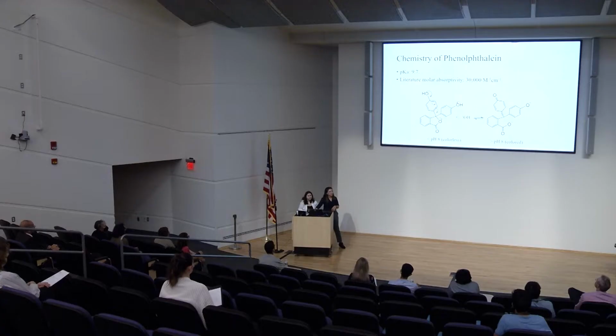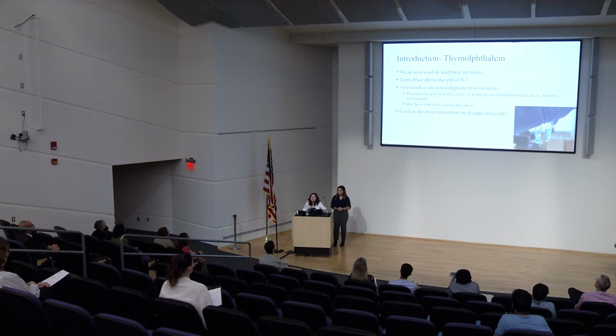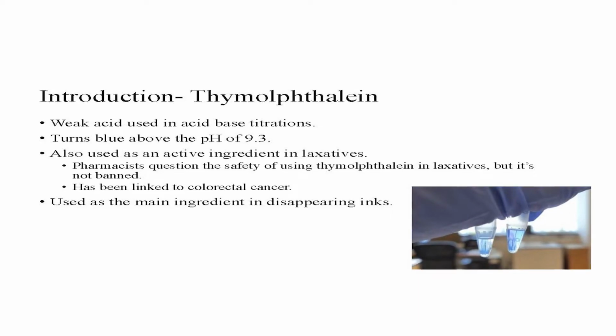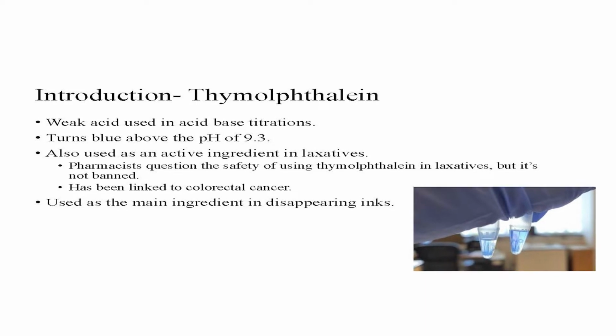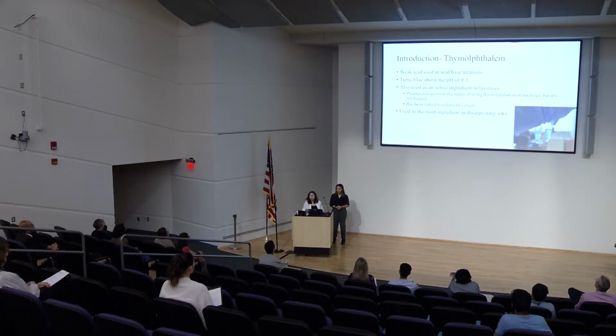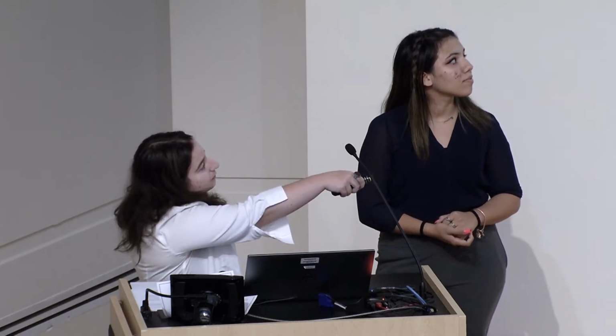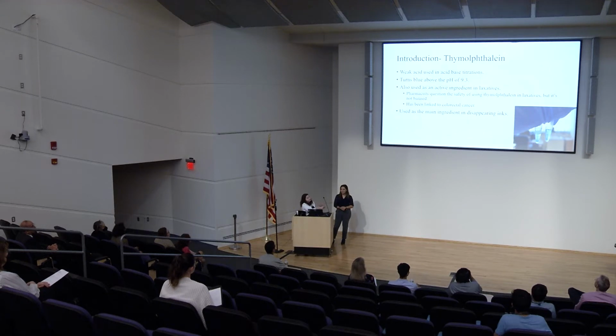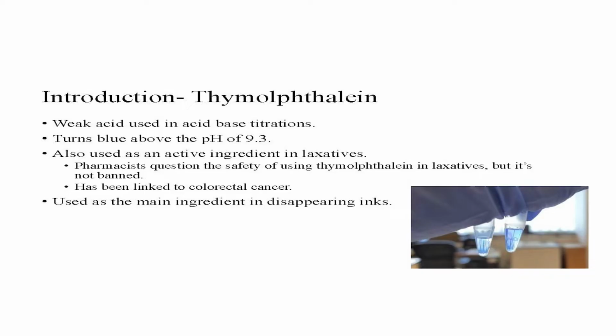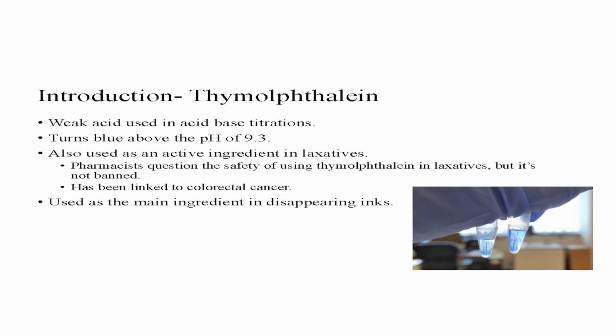it's going to be around 30,000. So like phenolphthalein, thymolphthalein is a weak acid, and it turns slightly blue at around pH 9.3, and it increases as the pH of the solution increases. So right there, you see what thymolphthalein would look like in a solution at around 10.5 pH.